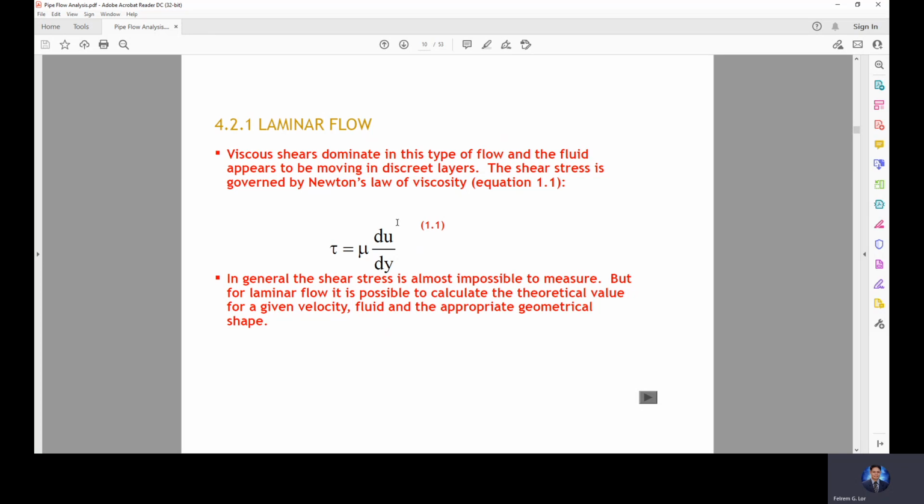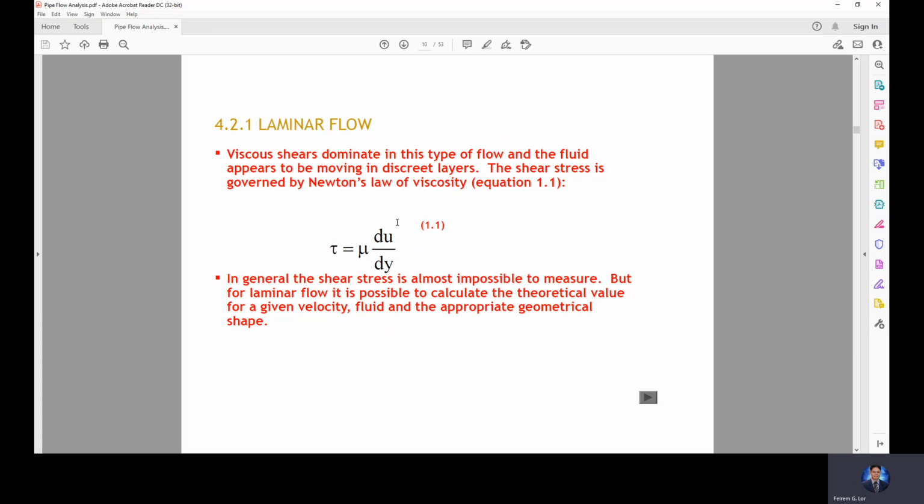So kung straight na siya, it means the flow path of the liquid doesn't crisscross with each other. Dili siya mo cross along the cross section of our pipe. So straight lang siya all throughout the length of the pipe. So mao na siya ang usa sa mga visual indicator of laminar flow.